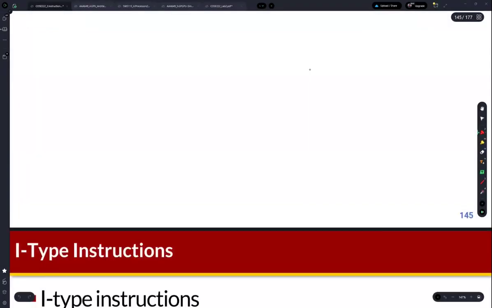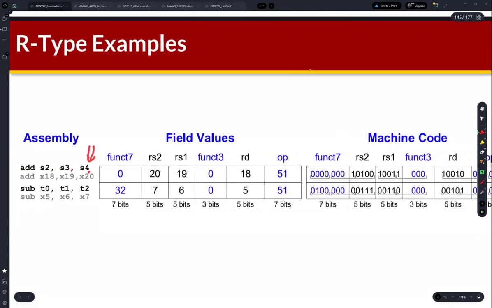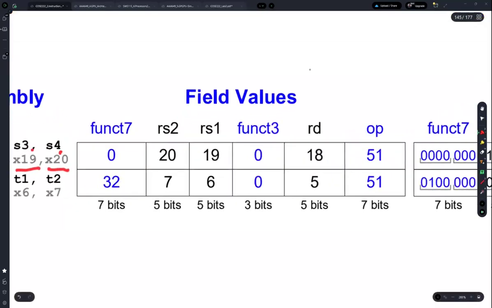But actually, in a CPU, these ABI names of the registers need to be translated into register numbers. So the equivalent instruction of this add S2, S3, S4 is add X18, X19, X20. So what does that mean?